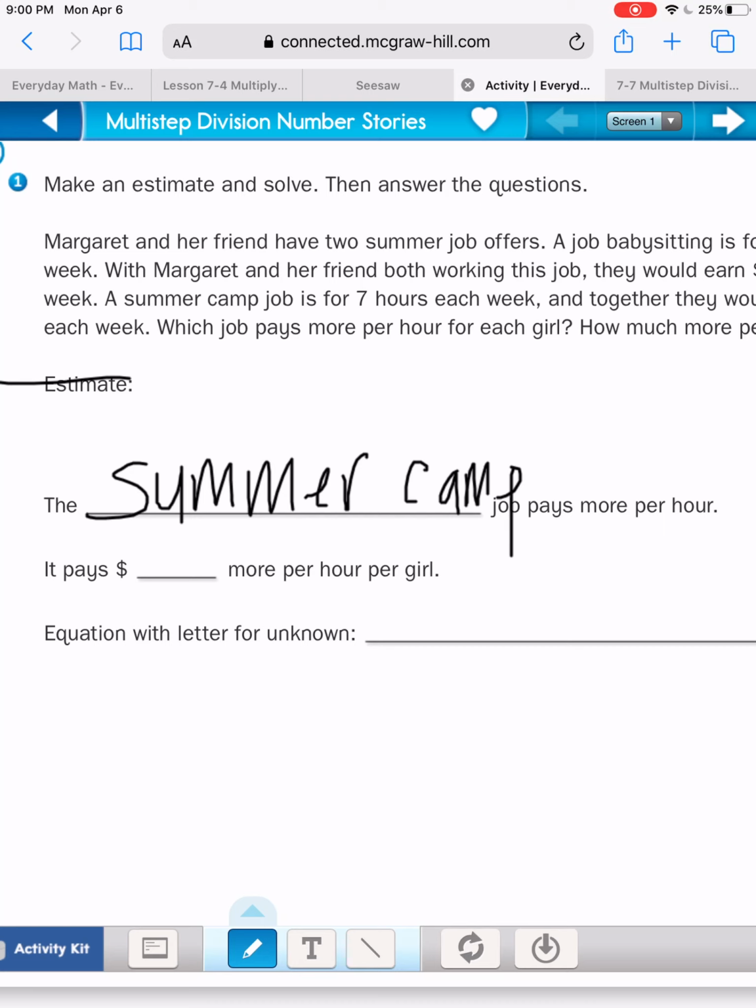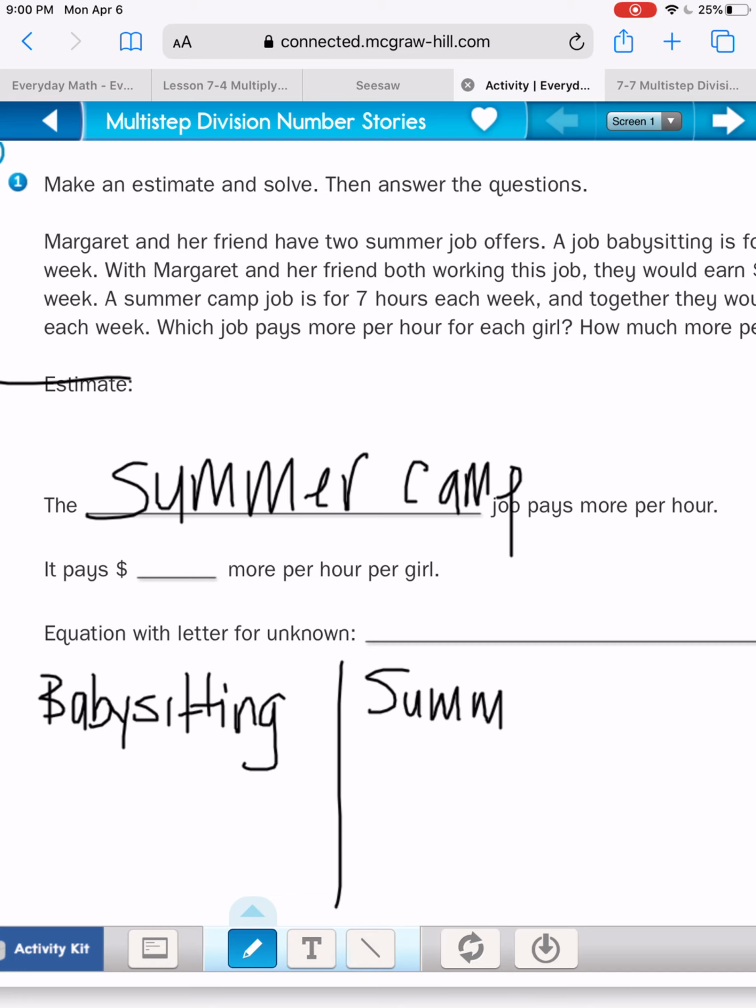Okay, so I'm going to do a separate equation for each job. Right here we have babysitting, and over here we're going to have summer camp. Babysitting, let's go back to the problem, is $208.